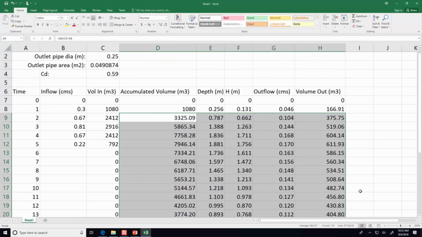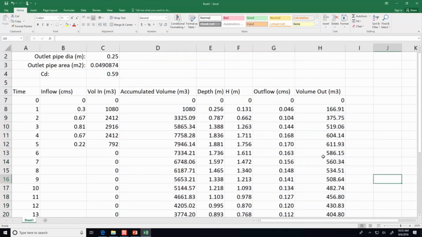And what we see, hopefully, is that the water depth gets deeper and deeper, but then the pond starts to drain because the storm stops. At hour 5, there's no more water coming in. So now it's draining.